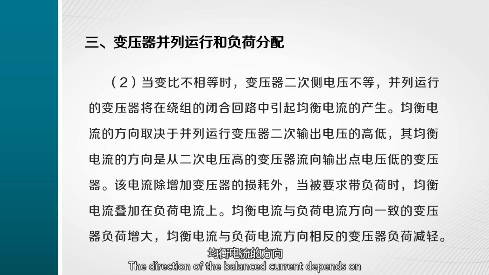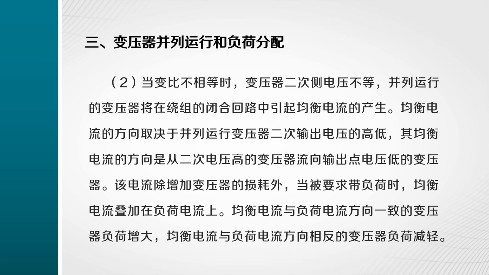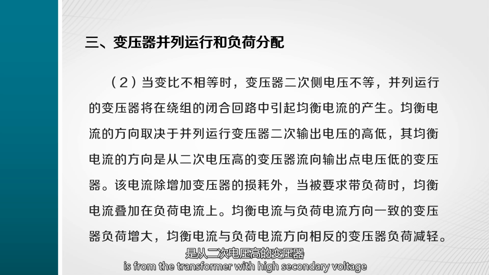The direction of the balanced current depends on the secondary output voltage of the transformers running in parallel. The direction of the balanced current is from the transformer with high secondary voltage to the transformer with low output voltage.